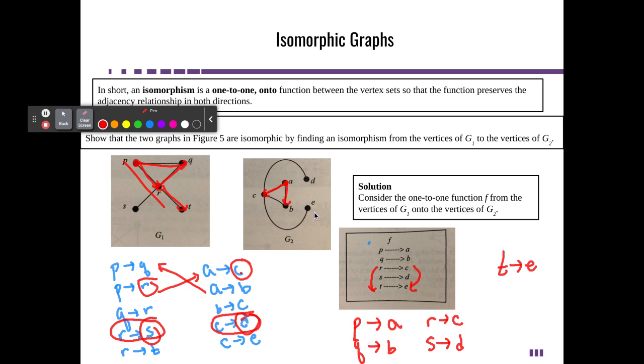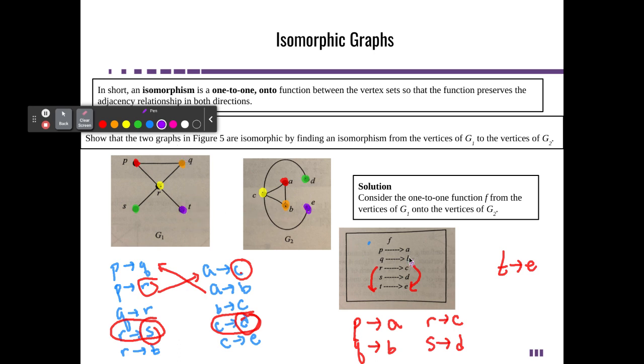So what we've worked through is what we tried to point out here: that point P is essentially point A. They're one-to-one. And point Q is essentially point B. They're one-to-one. And point R is essentially point C. They're one-to-one. And point S is point D. They're one-to-one. And then point T is point E.